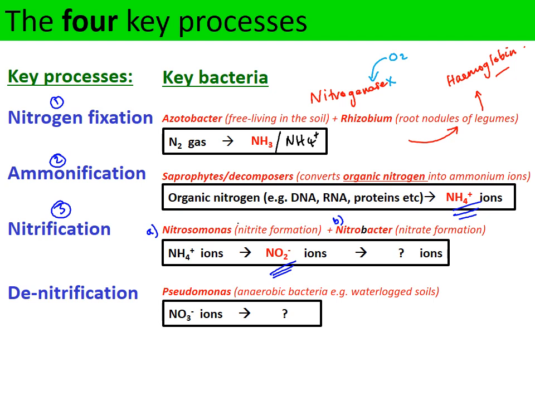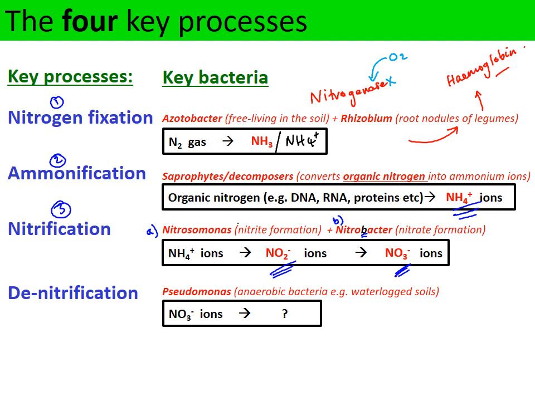So NO2- is nitrite ions. Now these nitrite ions, if they're released into the soil from Nitrosomonas, they're absorbed by Nitrobacter. So we know B is the second step, if you like, A and B. B for Bacter, Nitrobacter. They take in the nitrite ions and convert them to nitrate ions.